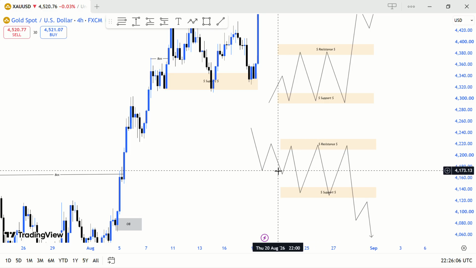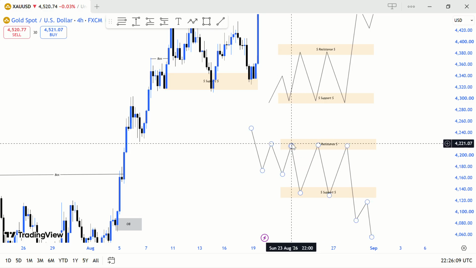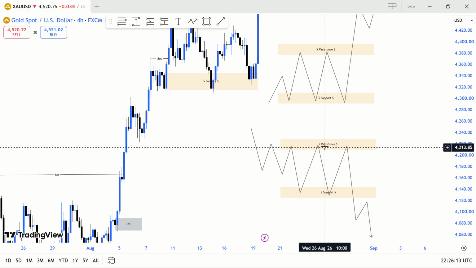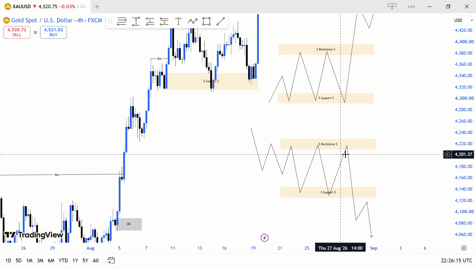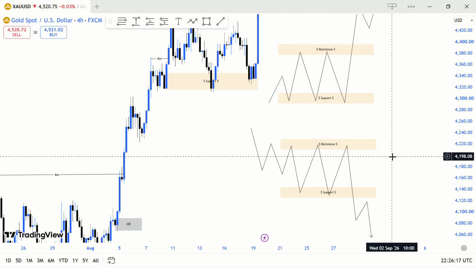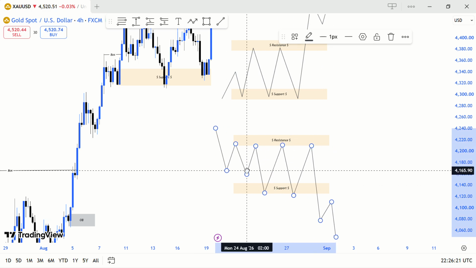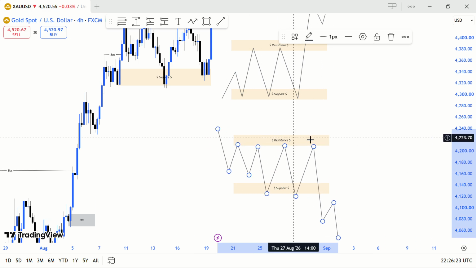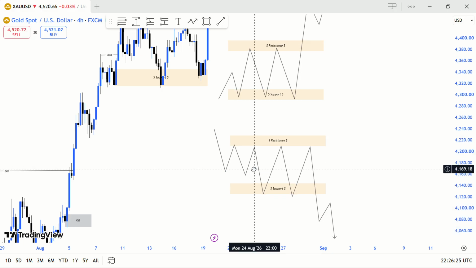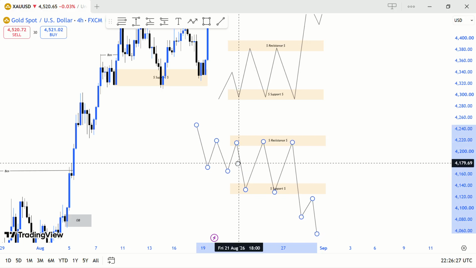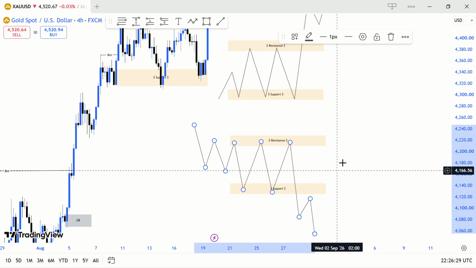So seeing from this, this is our first touch from the resistance level, second touch, third touch, and then it shoots down. The resistance level got the 3 touches before it went down.